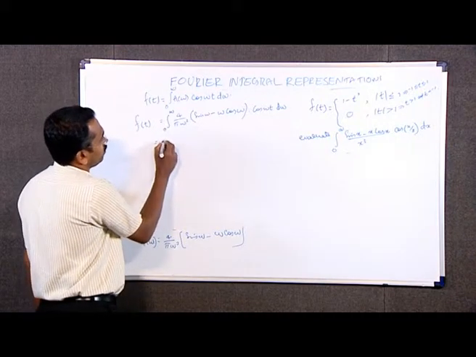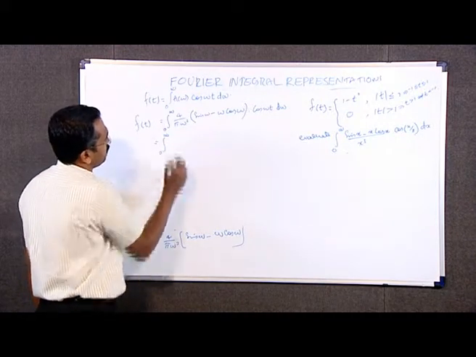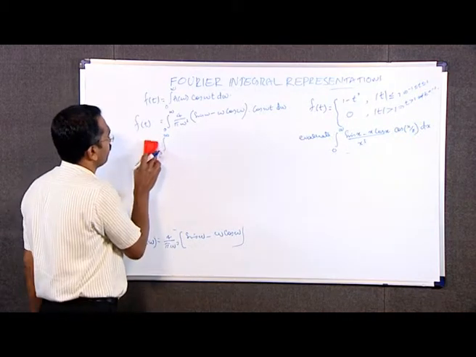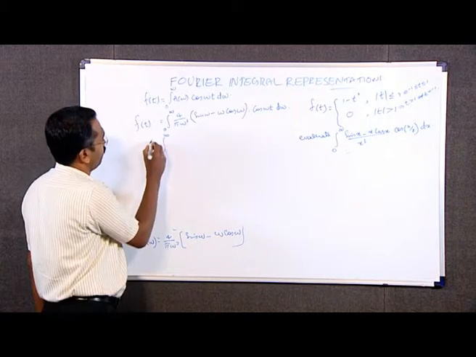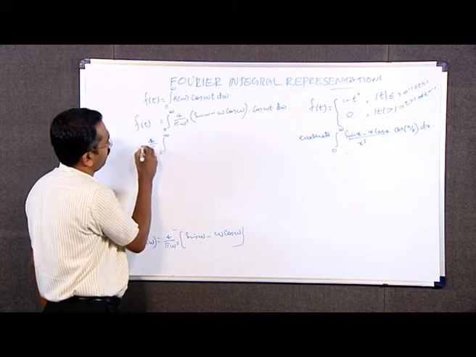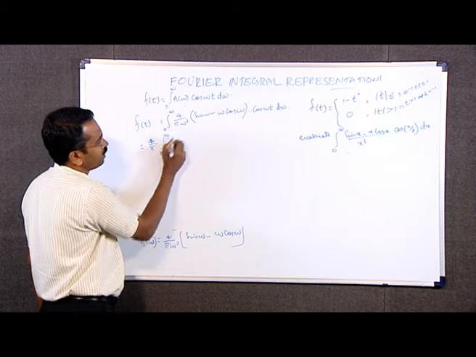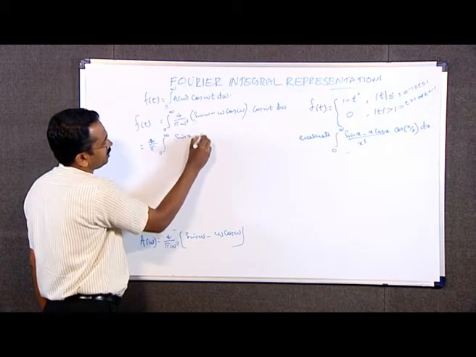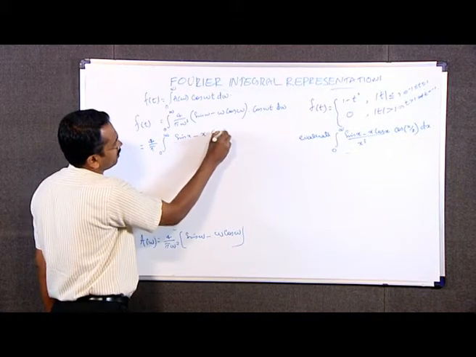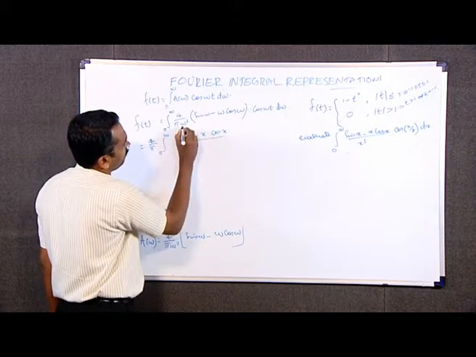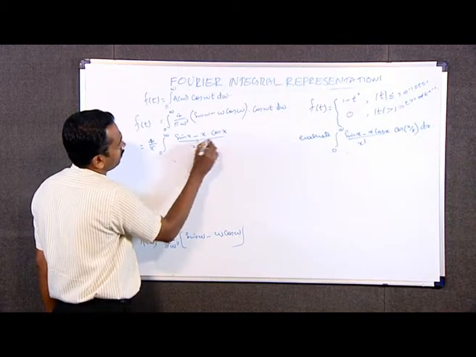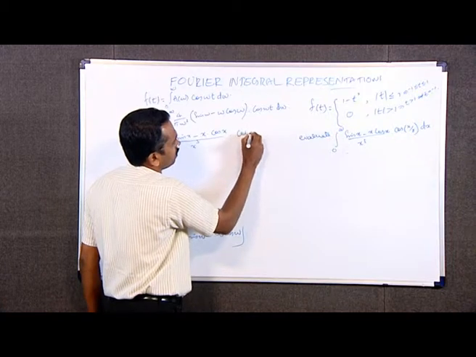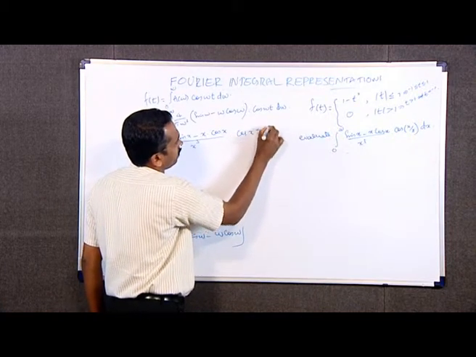This is equal to, we can write, 4 by pi can be taken outside, 4 by pi into the integral from 0 to infinity of (sin x minus x cos x) divided by x cube into cos xt dx.